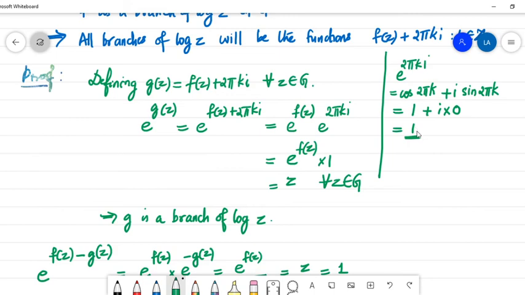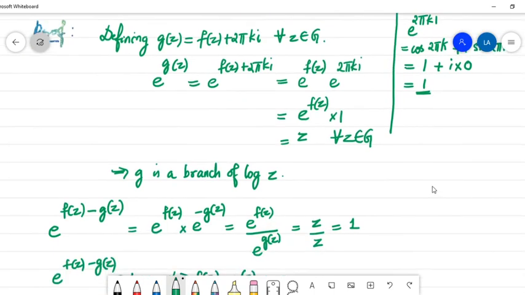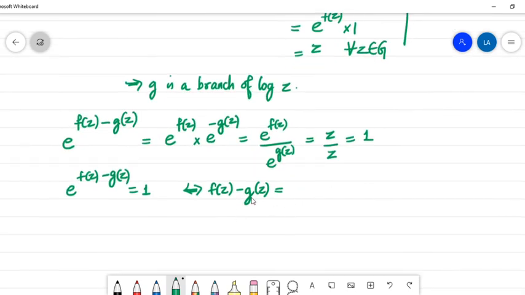This is the only possibility when e raised to something is equal to 1. That will mean that f of z minus g of z is equal to 2 pi i k, where k is coming from the set of integers. Fine.